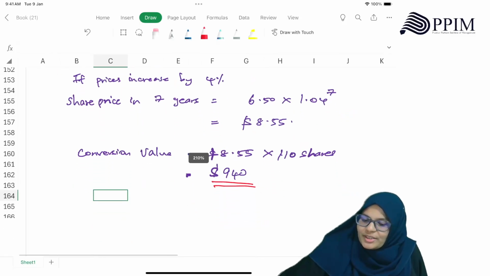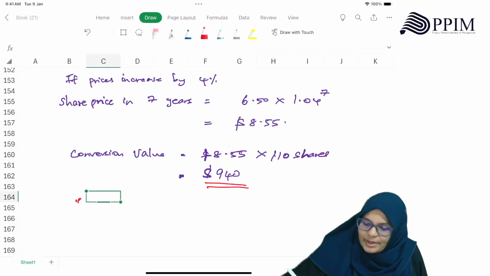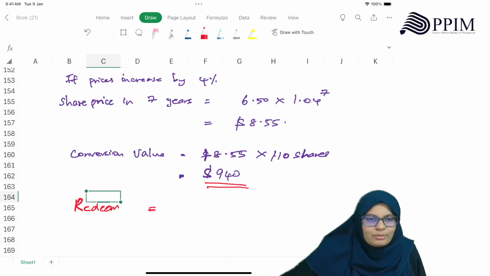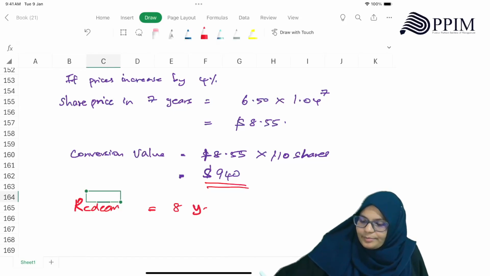The other option that I have is I can redeem. And how much am I going to redeem for? Nominal value. They said redemption is in 8 years time, at nominal value, meaning $1,000.